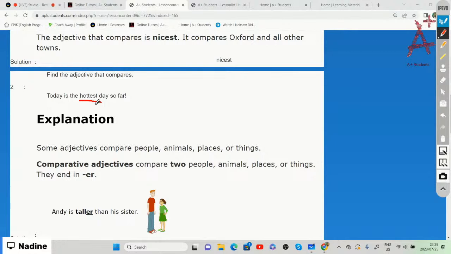It is summer, and today is just one of those hottest days. Because now you're comparing how hot today is to every other summer day, right? So hottest. If we identify hottest as the adjective that compares, then we say it is a superlative adjective.